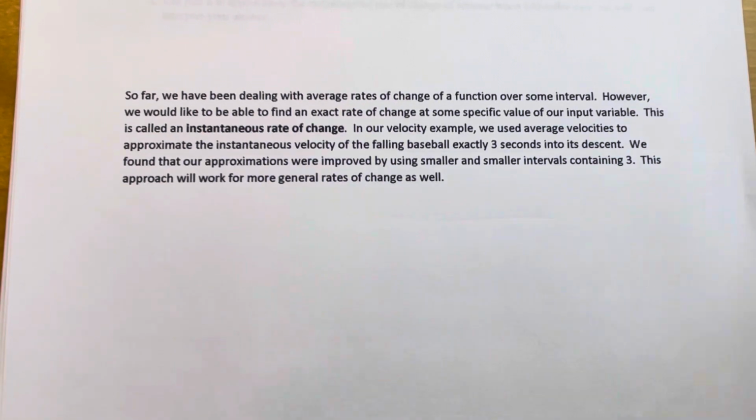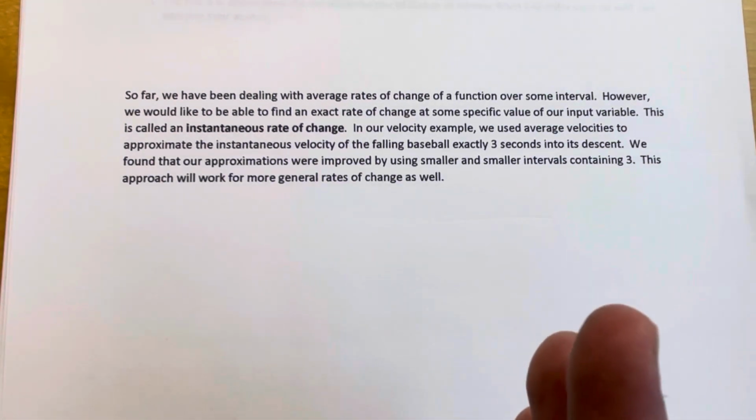So the velocity example, we wanted to know the speed of the ball at exactly 3 seconds. We didn't know how to do that, so instead we took the velocity of the ball over a 1 second interval starting at 3 seconds, so from 3 to 4 seconds. That was just an approximation for the exact velocity of the ball at 3 seconds. But then we mentioned that we can get better and better approximations if we make that time interval smaller and smaller.